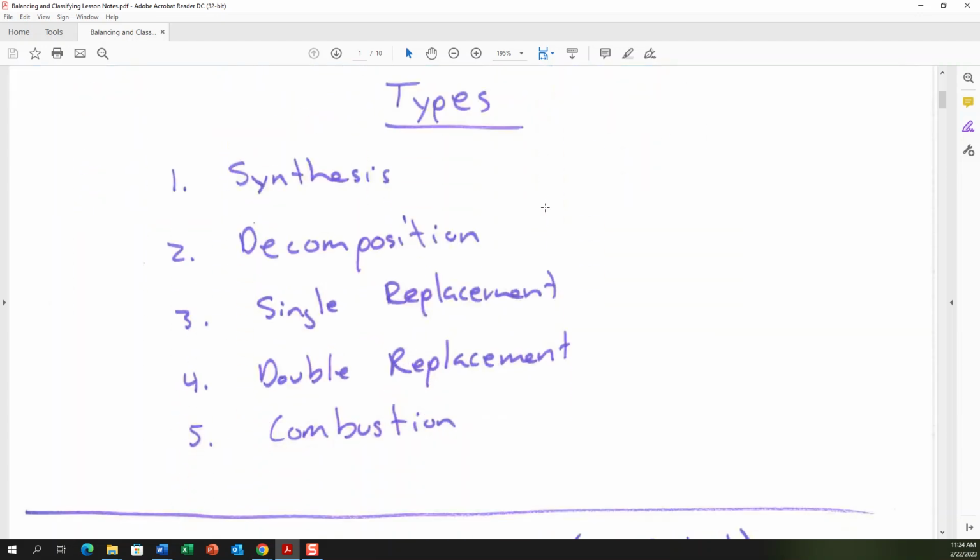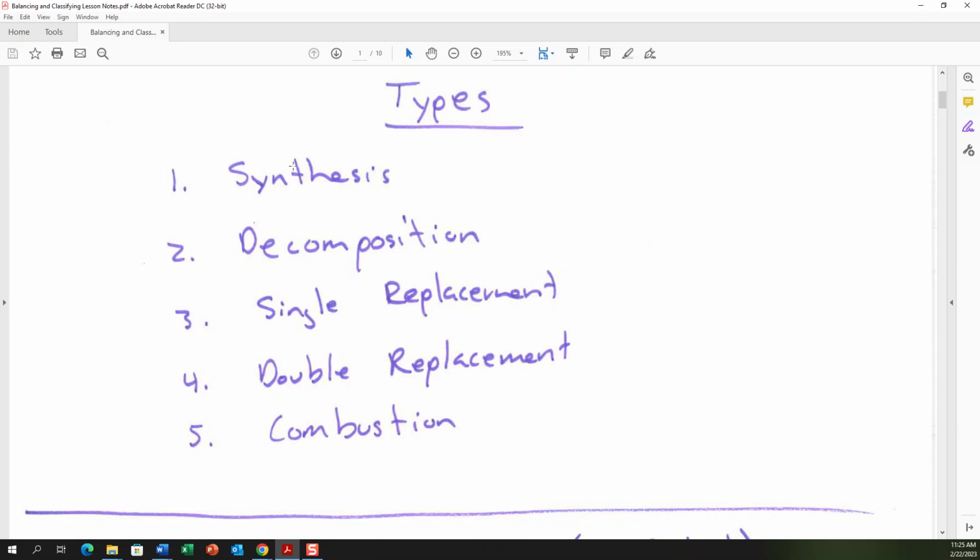So there's five standard types of chemical reactions: synthesis, decomposition, single replacement, double replacement, and combustion. Now, within some of these, we have different types. So like there's double replacement, formation of a precipitate, double replacement, acid base neutralization. There's also something called oxidation reduction reactions, which most of these reactions, not all of them, but most of these reactions can also be categorized as redox, oxidation reduction.